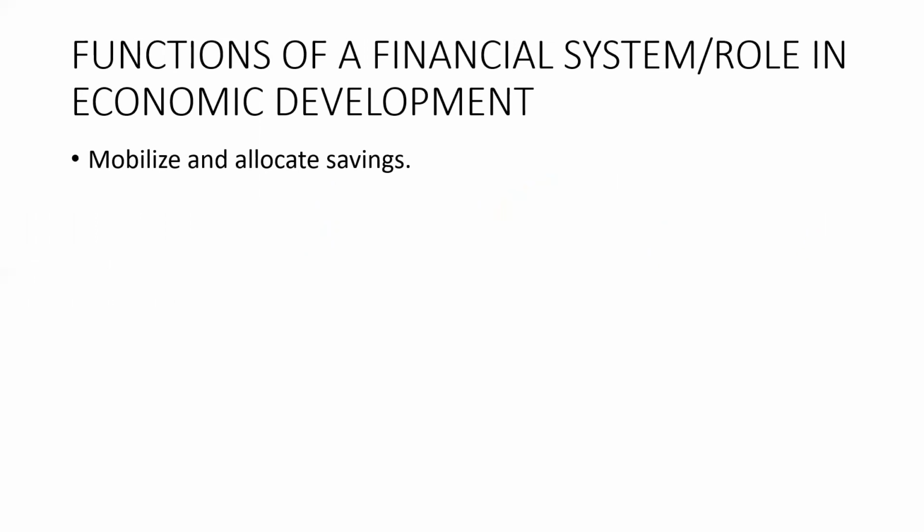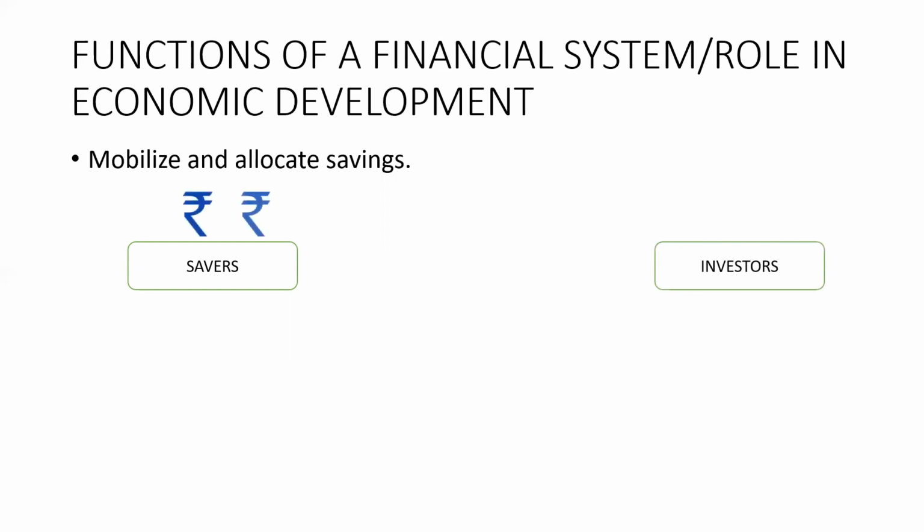As discussed previously, the financial system is a link between savers and investors. Savings mobilized from savers are allocated to investors, facilitating capital formation and increased investment in the economy.